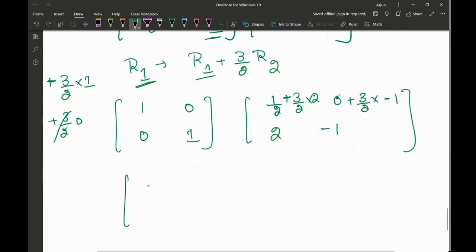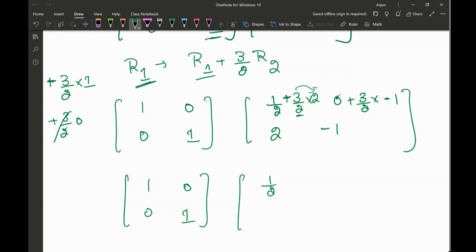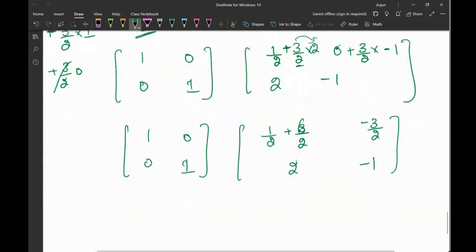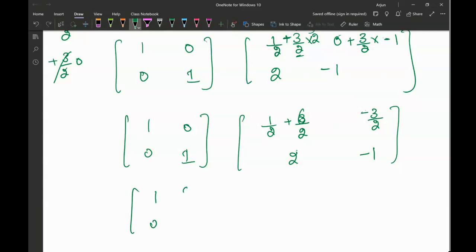And now I will compile the result, 1 0 1 0, and this will become 1 over 2, and this I will keep at the bottom so that I don't have any problem while solving the fractions. 3 times 2 is 6, so 3 over 6 over 2, and this will become 3, minus 3 over 2, and 2, minus 1, and one more step, 1 0 0 1.